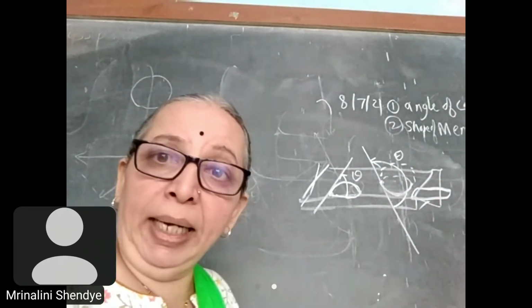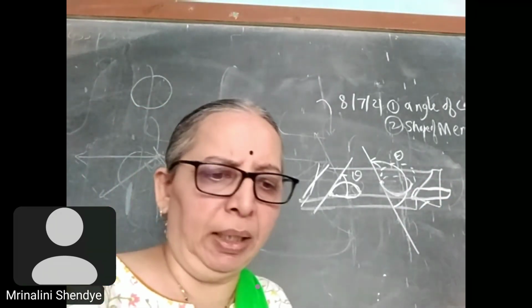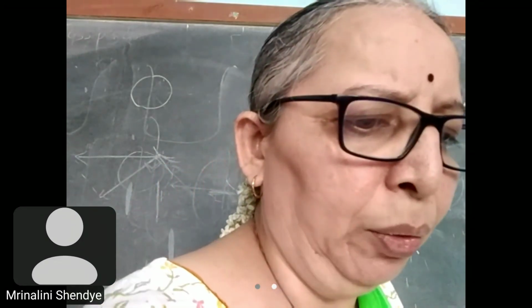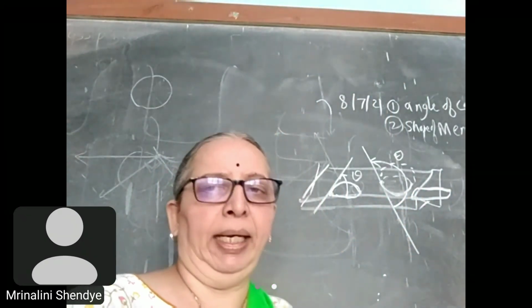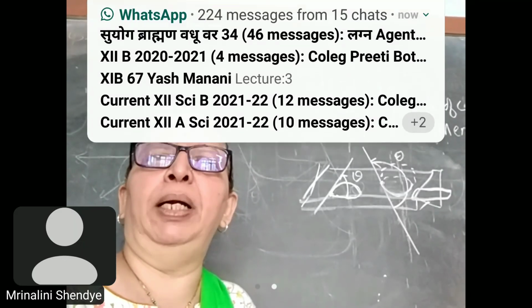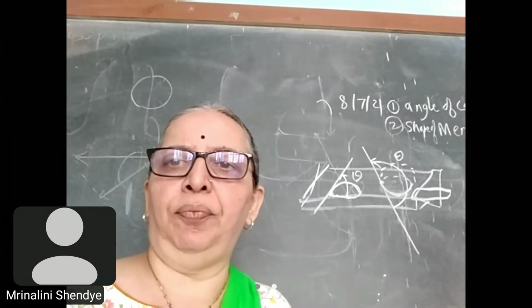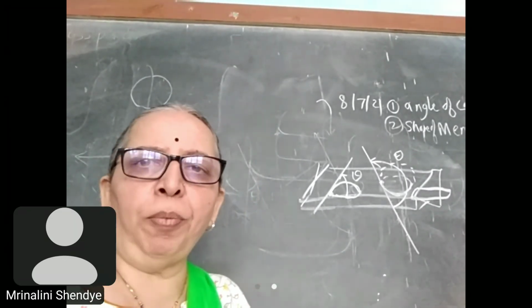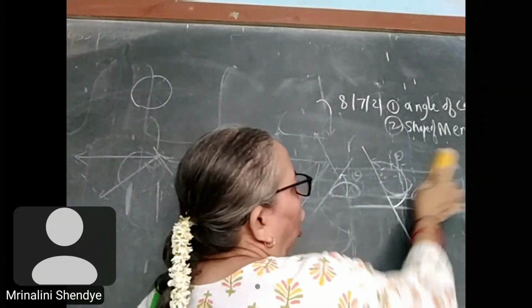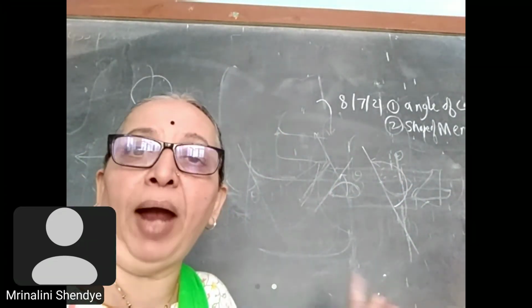और spread कभी होगा, if theta becomes zero. थीटा की value अगर zero रहती है तो it will spread over the given surface. So this liquid drop shape you can explain on the basis of theory of angle of contact.